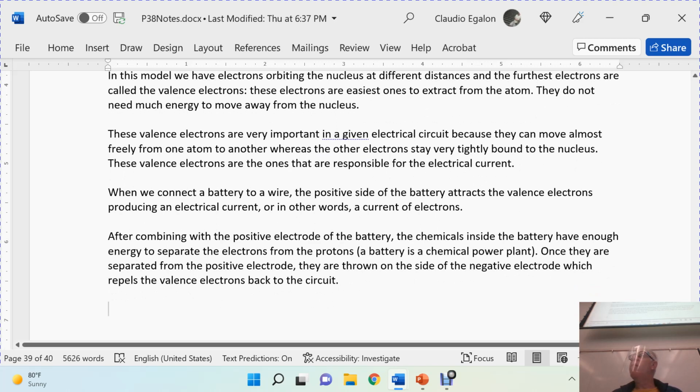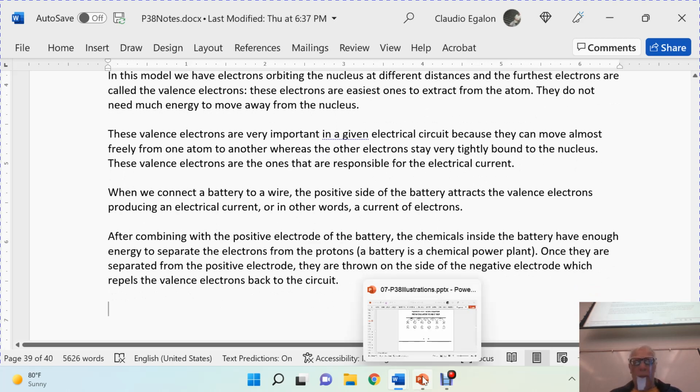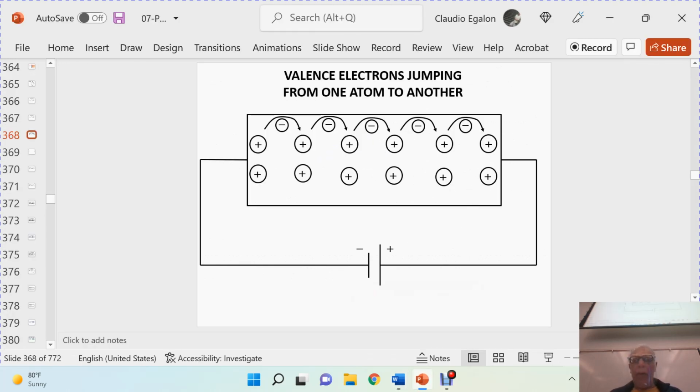So going back here, we have electrostatic force attracting the electrons towards the positive side of the battery, and you also have electrostatic force repelling the electrons back to the circuit. In between, we have this chemical power plant, this chemical machine that's capable of separating the negative electrons from the positive charges in the electrode of the battery.